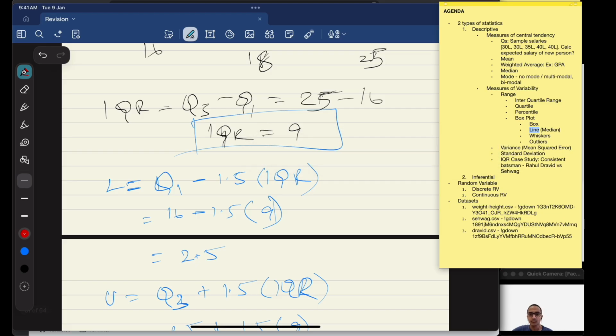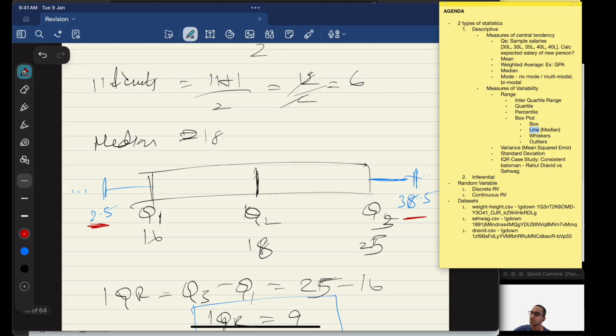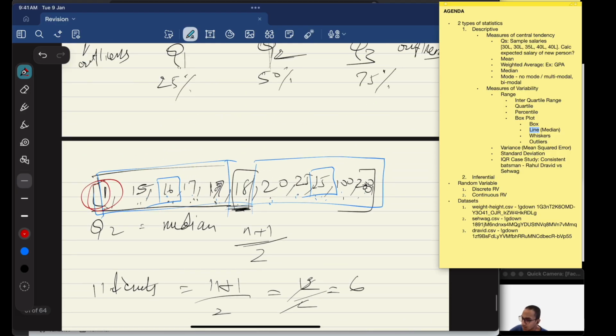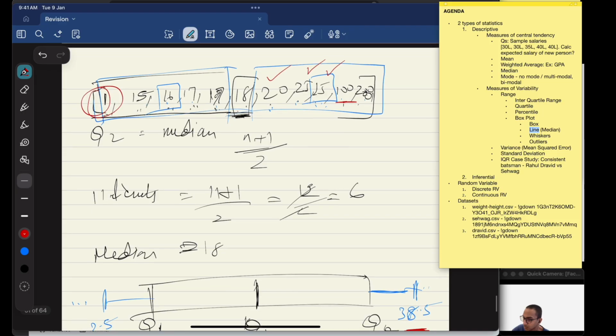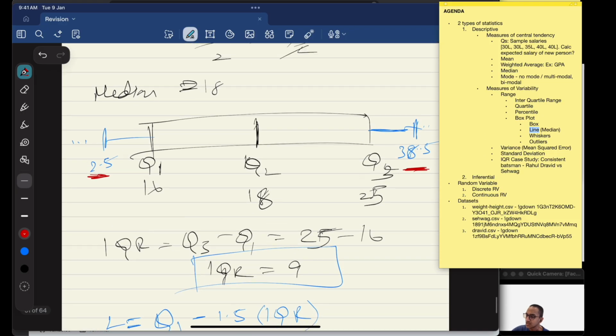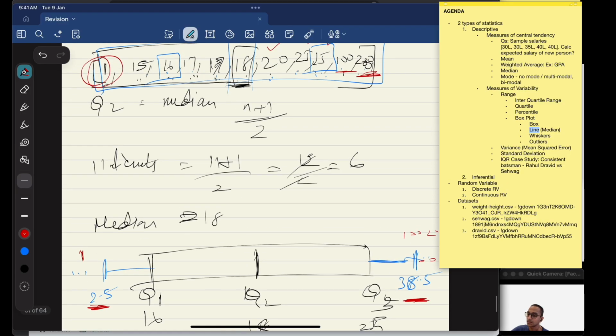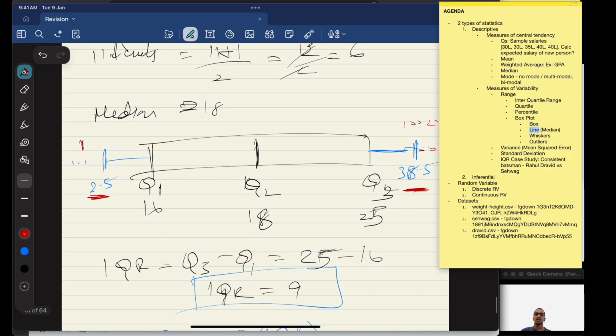So anything beyond 38.5 is an outlier. In this case, 25 is valid, 100 is way beyond 38.5, right? 200 is again way beyond 38.5. So that is how you get 100 and 200 as outliers, and here you will get 1 as an outlier.